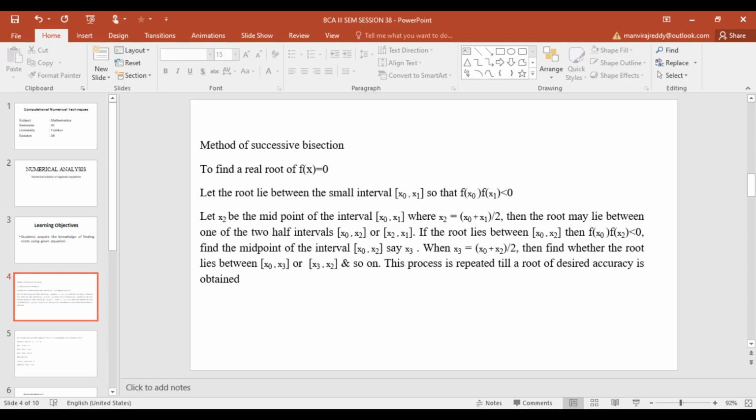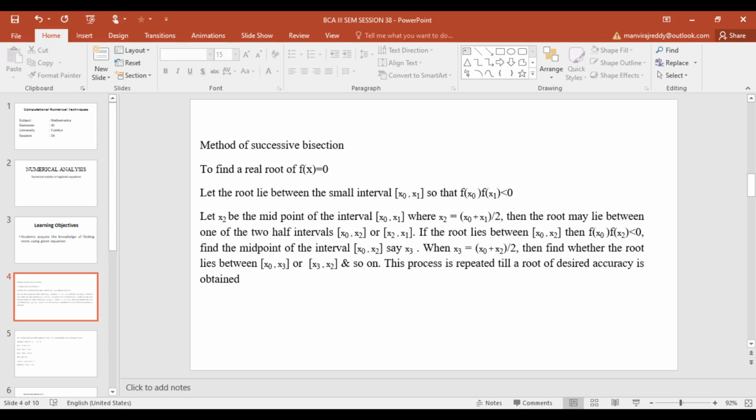In this case, the root may lie in one of the two half intervals, either x0 to x2 or x2 to x1. Suppose the root lies between x0 and x2, then f(x0) times f(x2) is less than 0. If f(x0) times f(x2) is less than 0, we say the root lies between x0 and x2. Again, we find the midpoint of the interval (x0, x2), say that is x3.